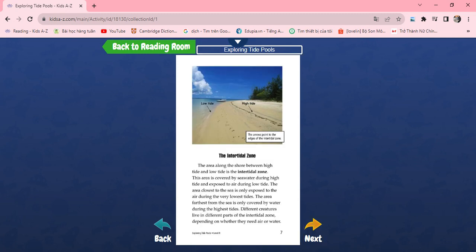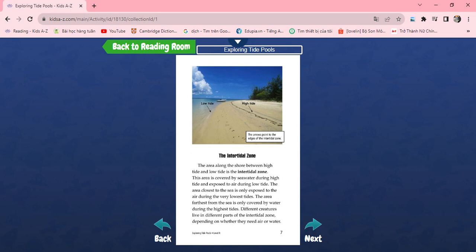The intertidal zone is the area along the shore between high tide and low tide. This area is covered by seawater during high tide and is exposed to air during low tide. The area closest to the sea is only exposed to the air during the very lowest tide.